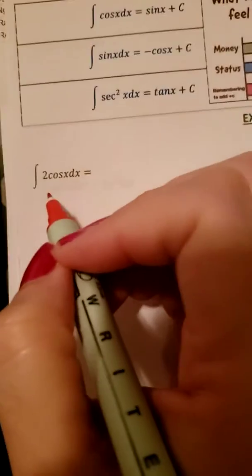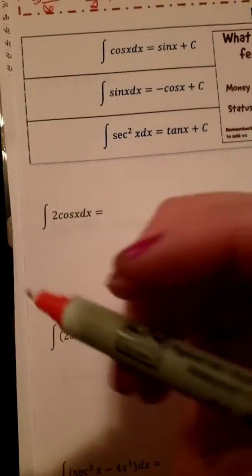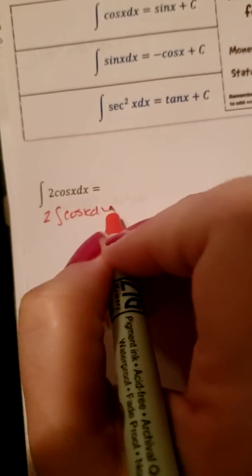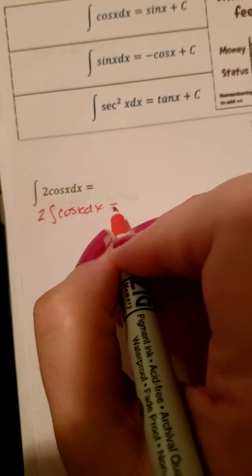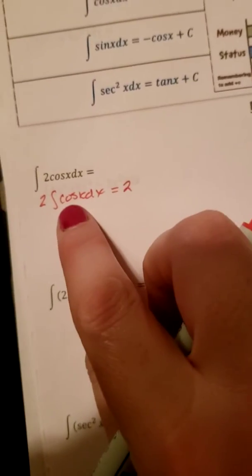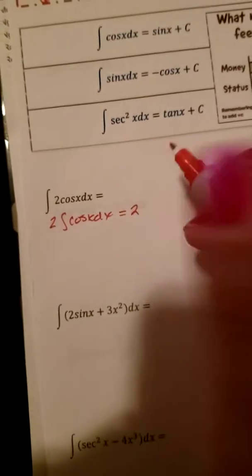All right, so I'm going to do these integrals the same way that we did the polynomials. I've got a 2 here, so I'm going to pull the 2 out to the front. So that gives me 2. And then the integral of cosine x dx is sine x plus c.